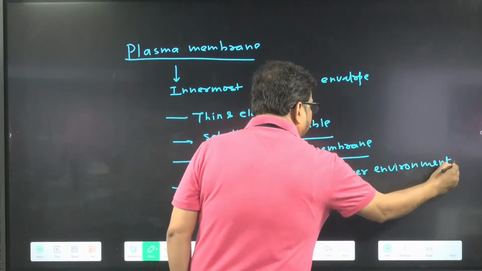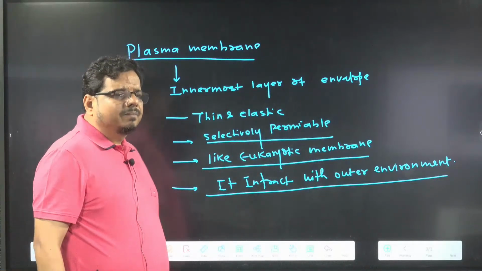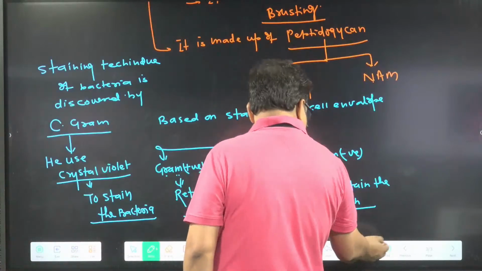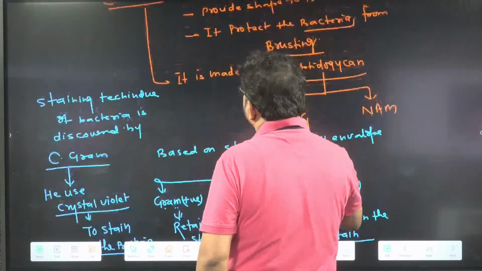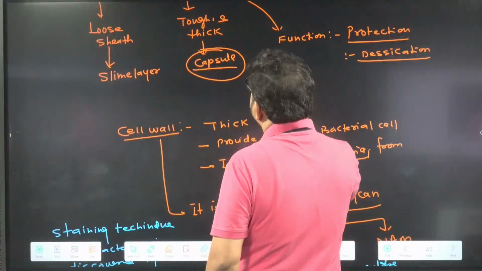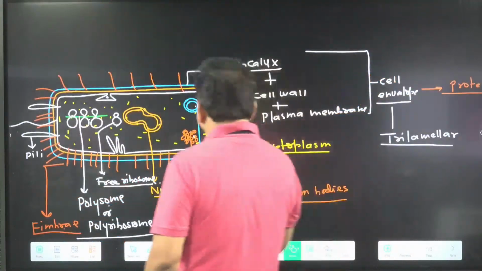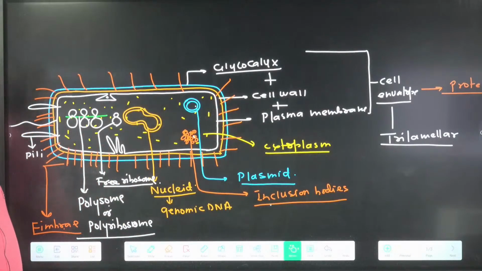Now you will ask a question: sir, it is the innermost layer. Outside of it, there are two layers. Outside of it, how many layers are there? Two layers. The cell wall is there, the glycocalyx is there.